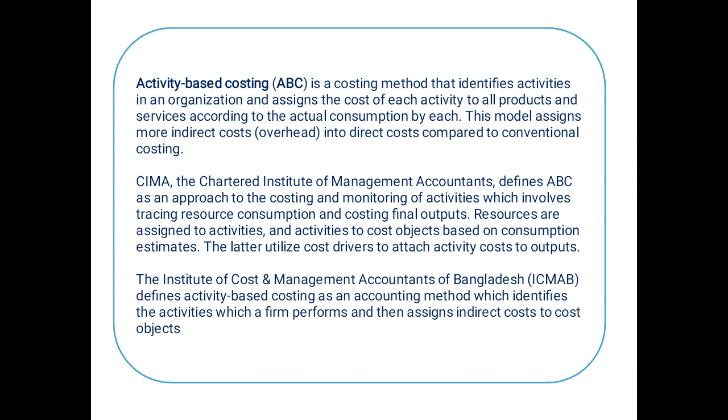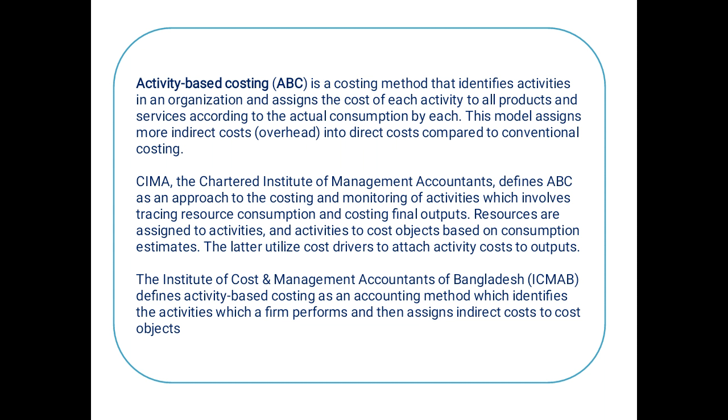Second definition, according to CIMA, the Chartered Institute of Management Accountants, activity based costing is an approach to costing and monitoring activities which involve tracking resources consumption and costing final output. Resources are assigned to activities and activities to cost objects based on the consumption estimates.